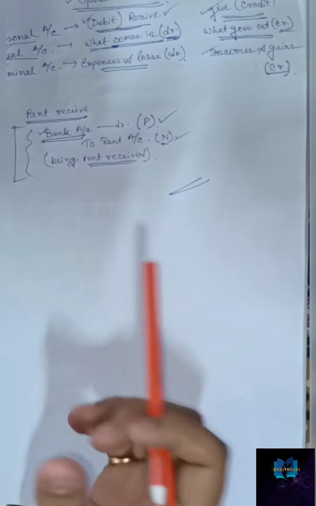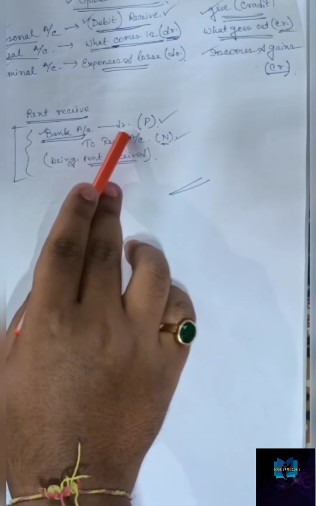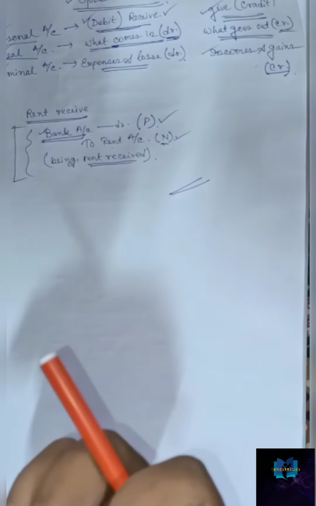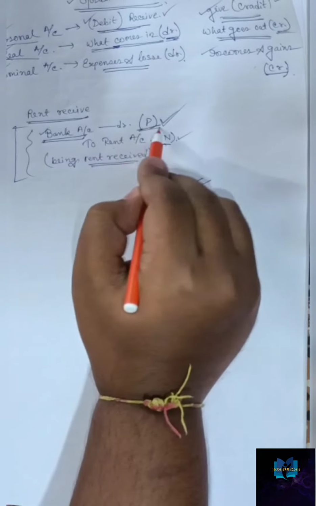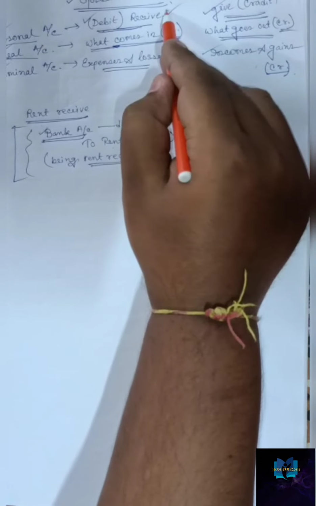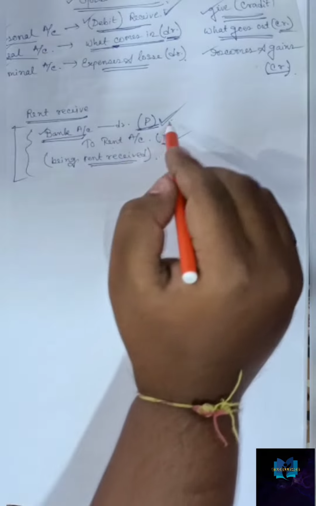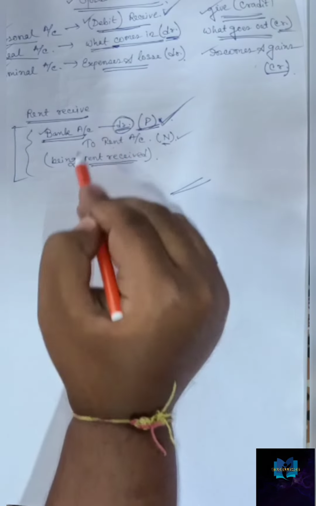The person who is receiving the rent, in his books of accounts, bank will be debited because the amount is received in the bank. Here I have written P to denote personal account. According to personal account, we are receiving money in our bank, so it will be debit. I have written debit here, on the debit side.